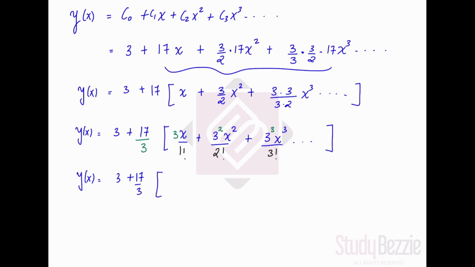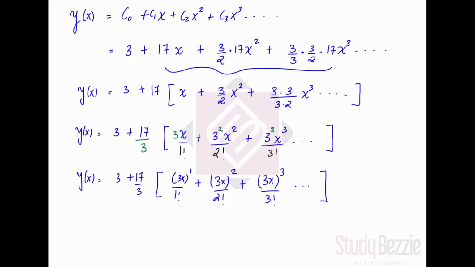So now I'm going to try to move them into the same brackets. This will be 3x to the 1 divided by 1 factorial. Then you have 3x squared divided by 2 factorial. And then you have 3x to the power of 3 divided by 3 factorial, and so on. And this really resembles a function.